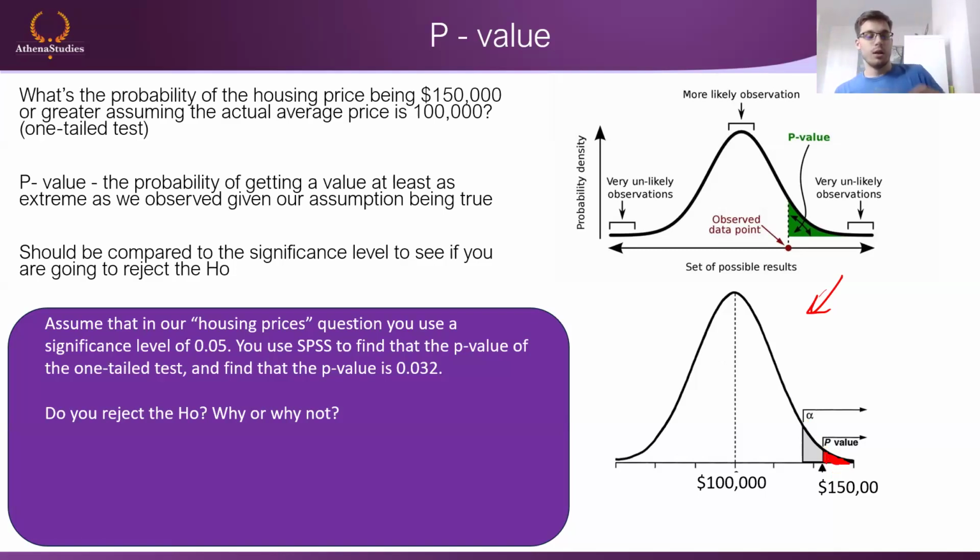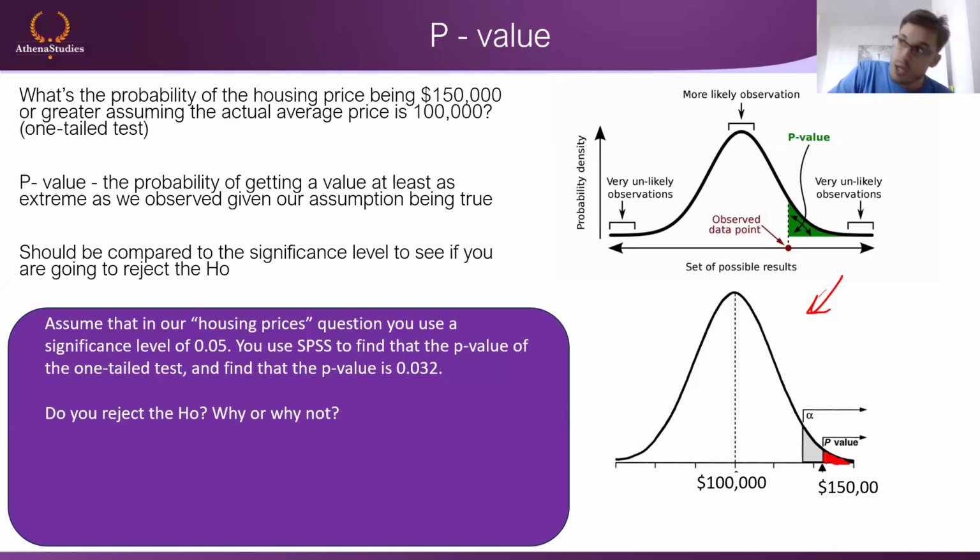Now, let's go back to my example for a second. So I get 3.2%. So that's the probability, and then I go to my mom and I say, Mom, I'm 96.8% sure that your assumption that the average prices are 100,000 is wrong.